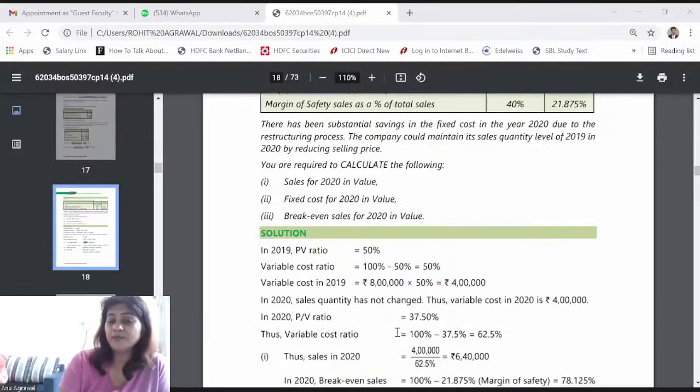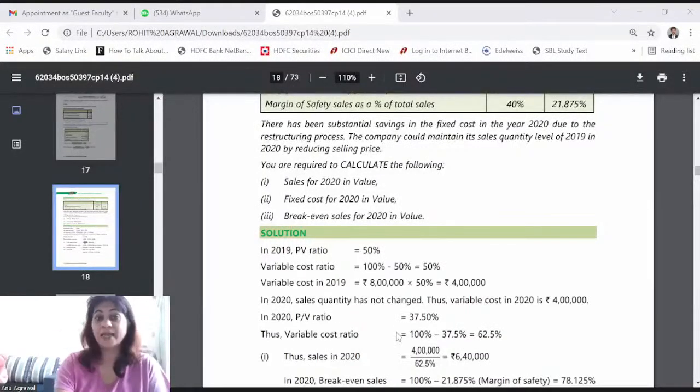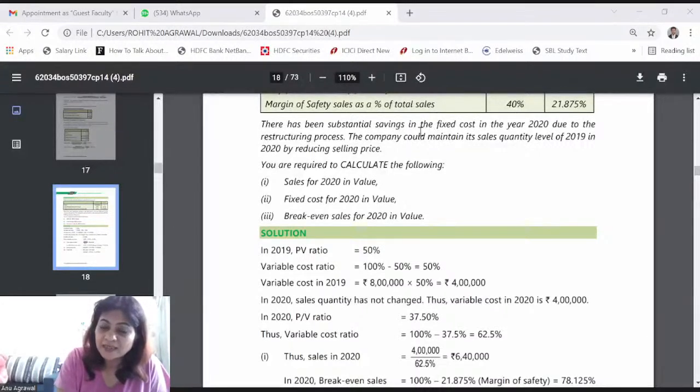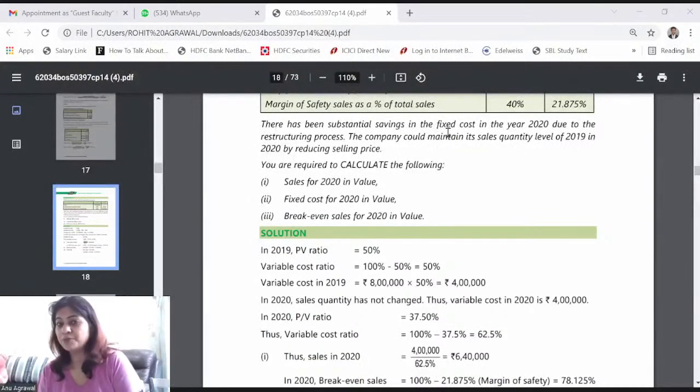I may end up calculating the fixed cost. Yes, Ria. So if I end up calculating the fixed cost and then I forget that here it has been written that restructuring costs are there and fixed costs have reduced, I will solve it the way I have solved it. I have solved it correctly. But what I forgot was that it is very clear that fixed costs are not remaining the same. So Ria, you need to understand this concept.